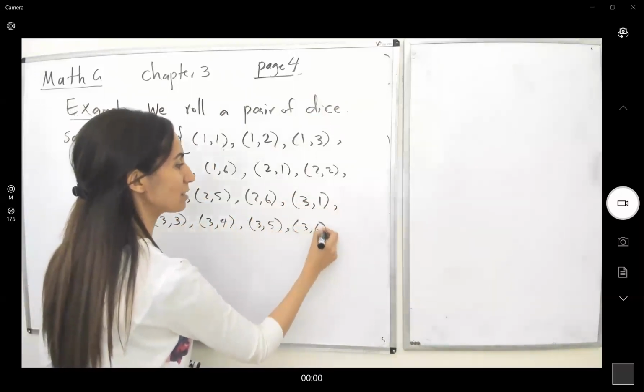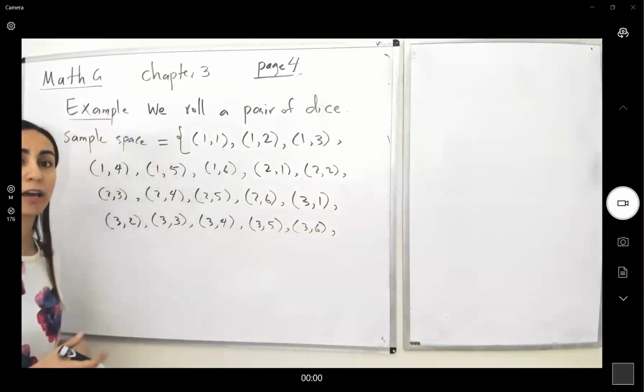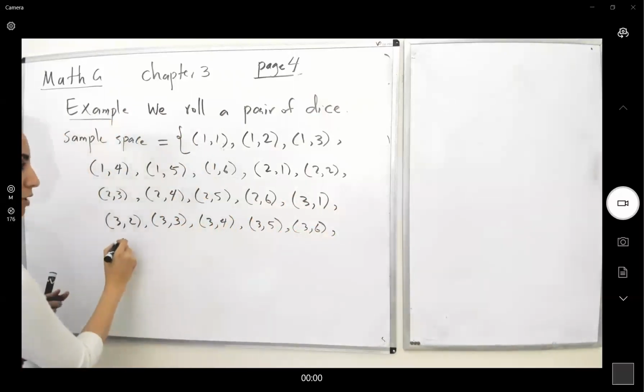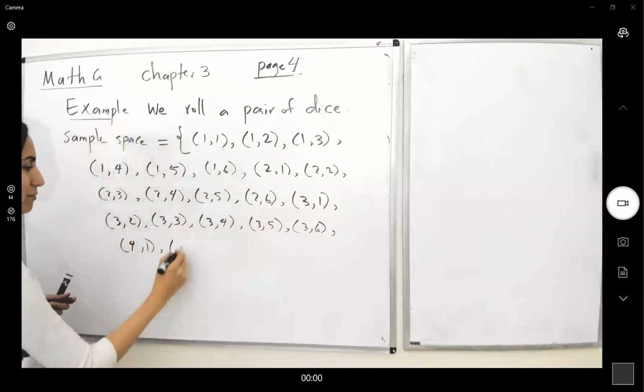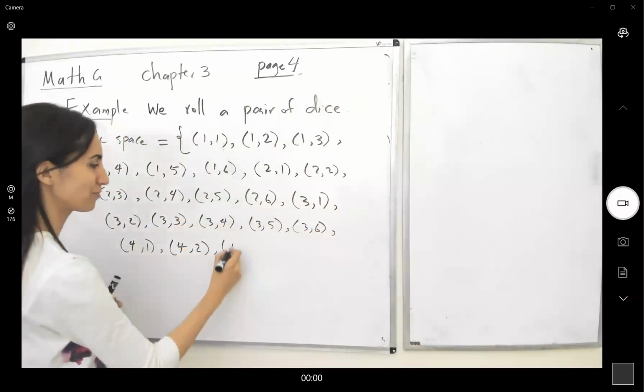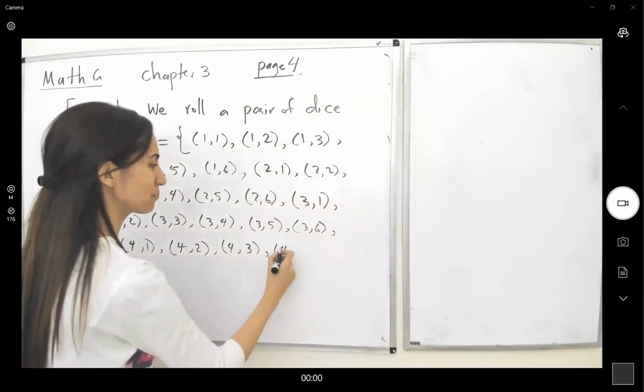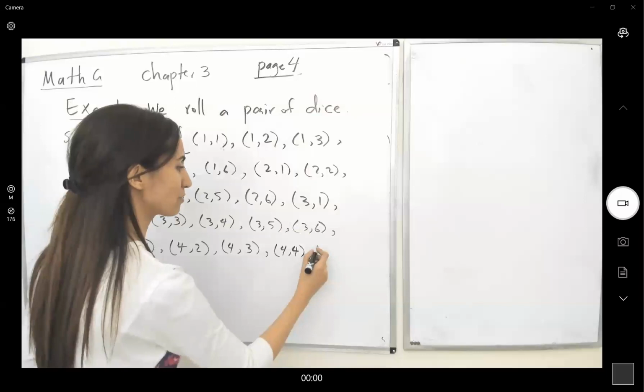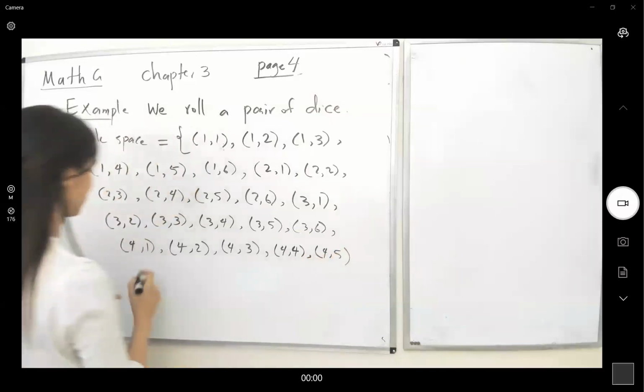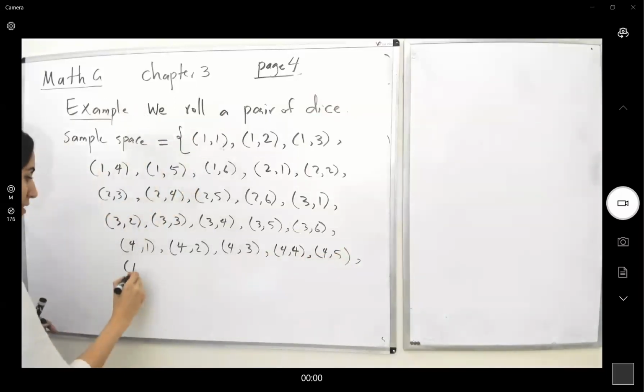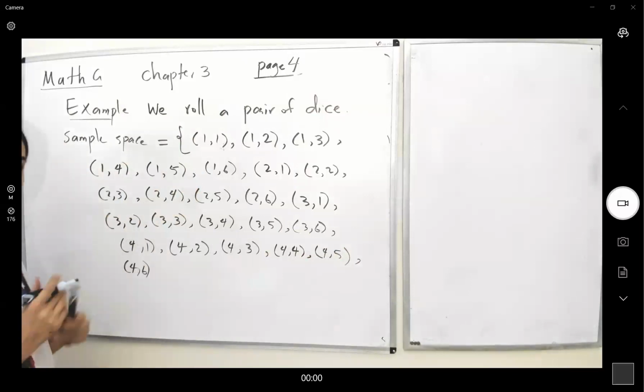and 6. What if your first die comes up with 4? Very well. 4 and 1, 4 and 2, 4 and 3, 4 and 4, 4 and 5, and finally 4 and 6. Very well.